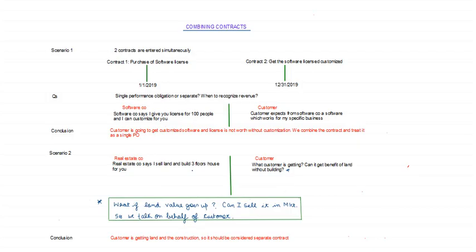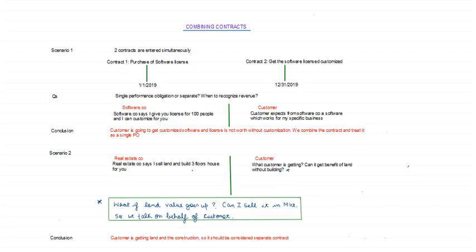Now, if we look into the same example for the software company, let's say the software company says, okay, you are taking the license for X amount, but I will take another amount for the customization from the customer. Or I will leave some of the amount in the customization in case you are buying the software license from me.